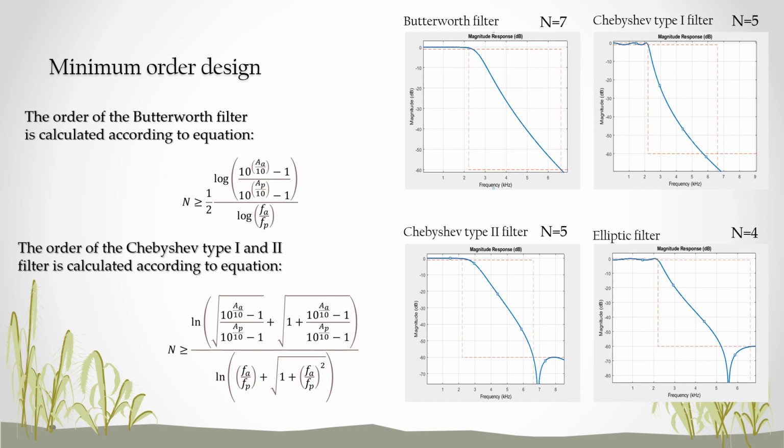For Chebyshev type 1 and Chebyshev type 2, they require a 5th order filter. And finally, an elliptic filter requires a 4th order design. This check can be performed by including the given parameters in these appropriate equations.